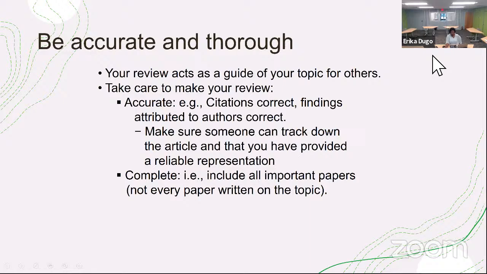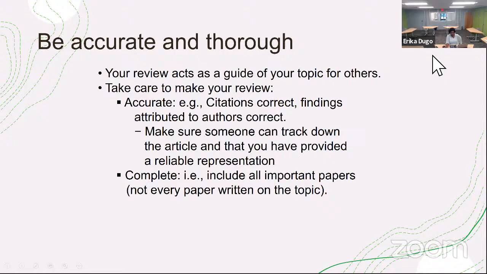So once you've done that and answered those questions, then you want to be sure that your literature review is accurate and thorough. Your review acts as a guide for others as they research this particular topic. And you need to make sure that your review is accurate.